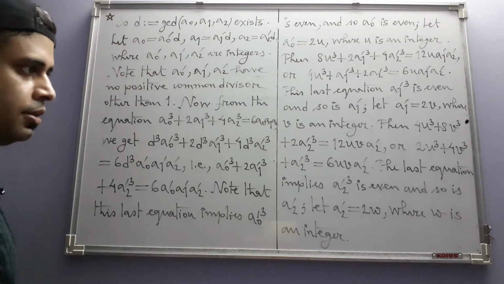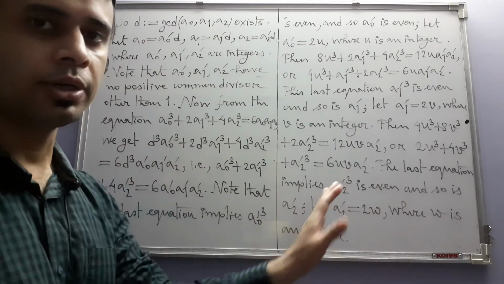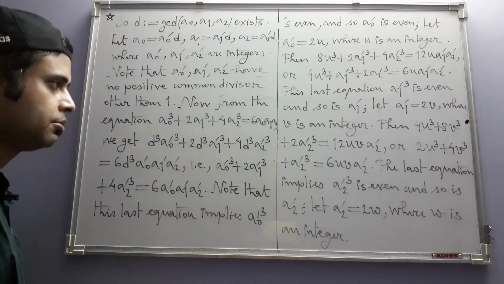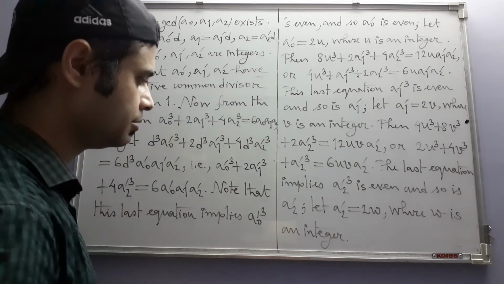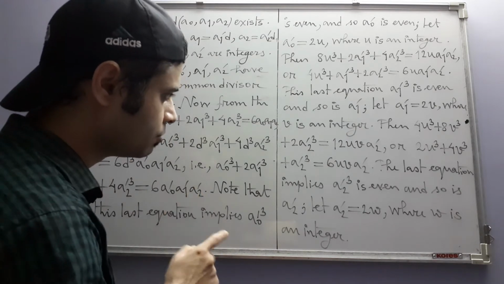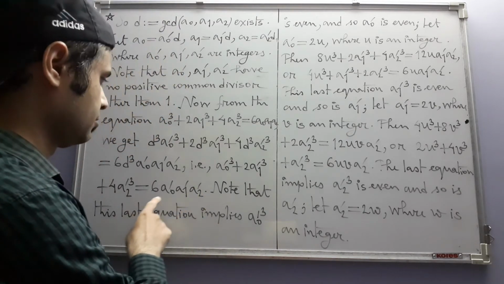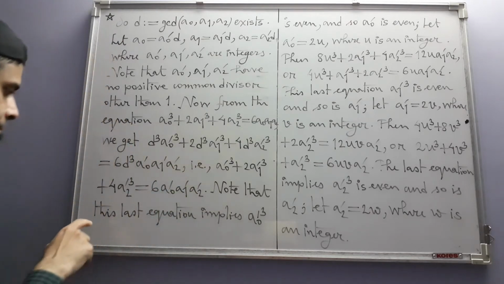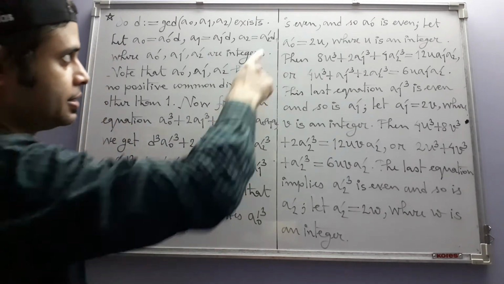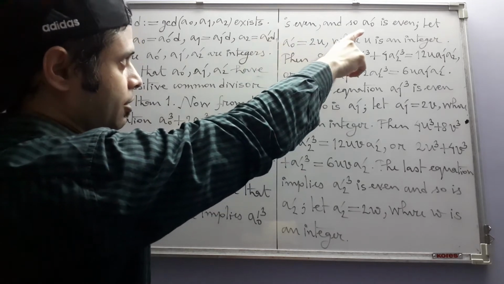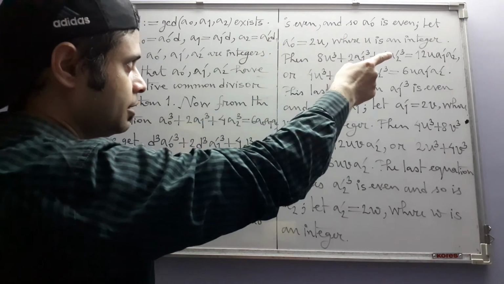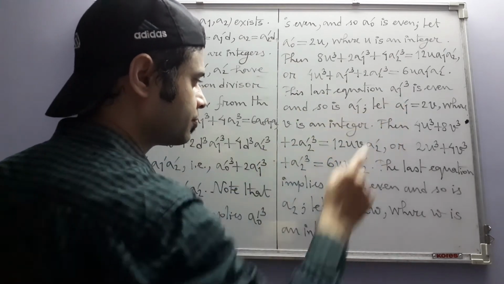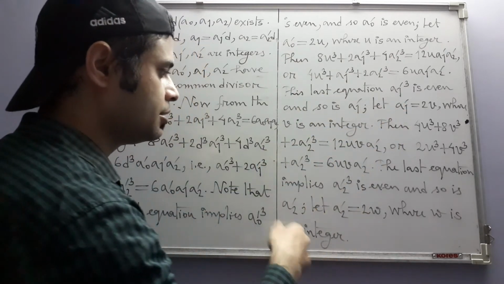Okay, but we need not go any further. We have achieved what we want, which is a contradiction. You see, we have proved that a0 prime is even, a1 prime is even, and a2 prime is also even.